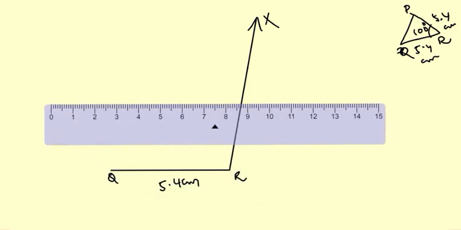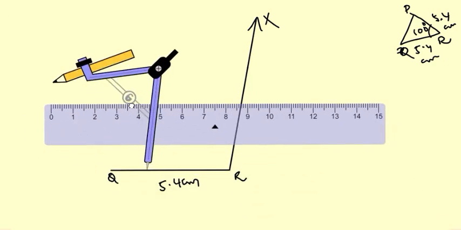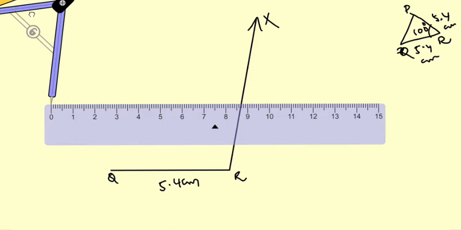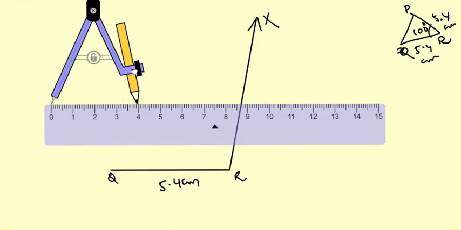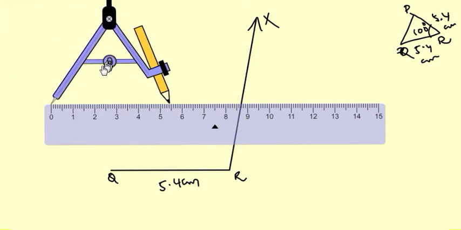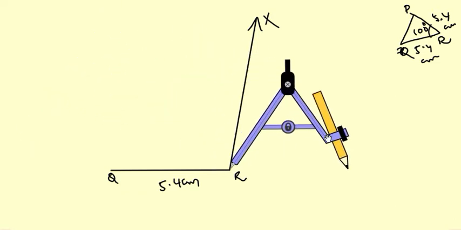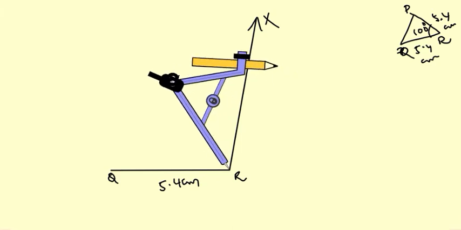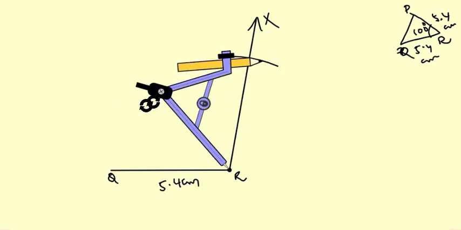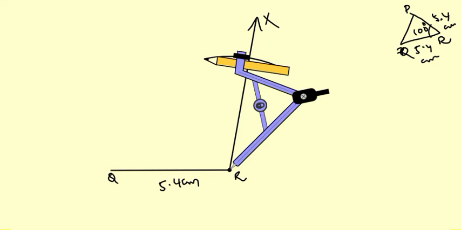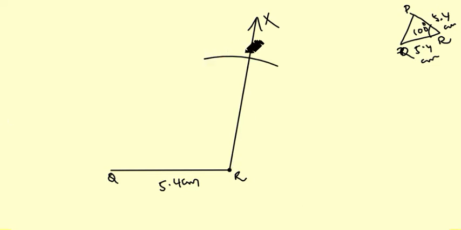Now take the compass radius as 5.4 centimeter with the help of a ruler. Now with R as the center, draw an arc which cuts the previous ray at point P. Now the length of R to P is 5.4 centimeter and the angle R is equal to 100 degrees.